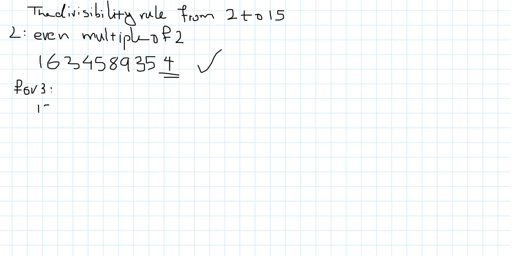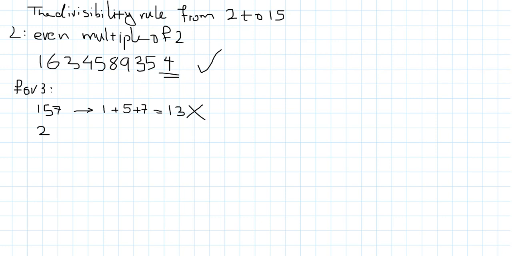I have 1, 5, 7. Now let's check: 1 plus 5 plus 7. It will be how much? 1 plus 5 is 6 plus 7 is 13. 13 is not divisible by 3, because if you check in the timetable of 3, you cannot find 13.